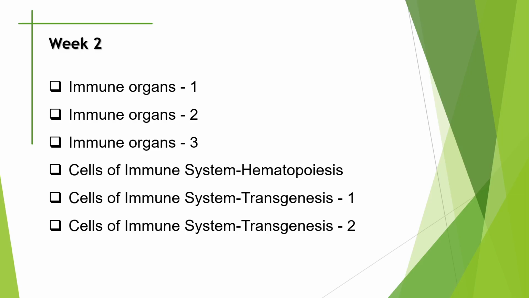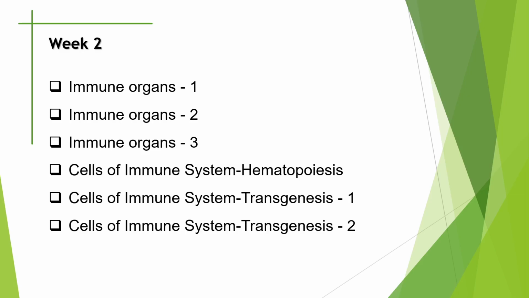In week 2, the topics that were covered were immune organs 1 to 3, cells of the immune system, hematopoiesis, and then transgenesis 1 and 2. Depending on the week's assignment, I have briefly discussed a few topics which will help you in answering every question there.